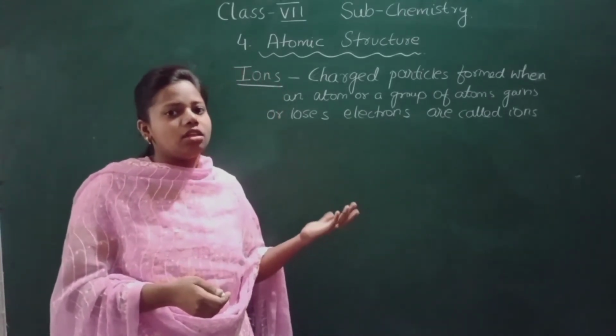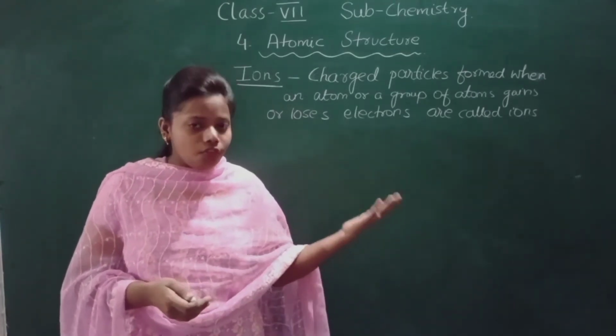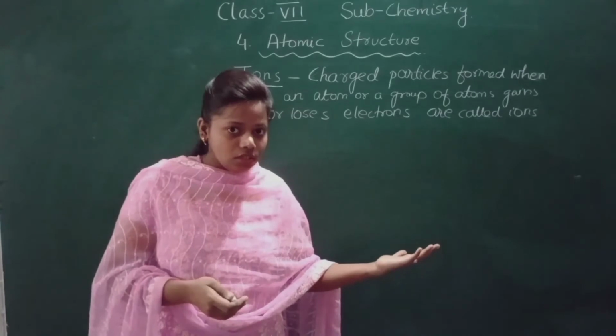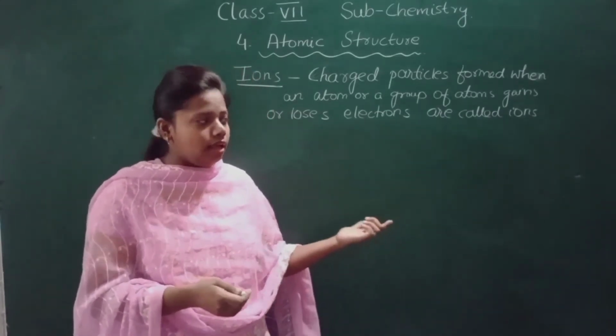That charged particle is called an ion. So a charged particle forms when an atom loses or gains electrons, and that is called an ion.